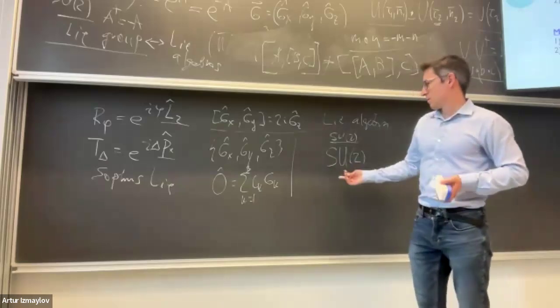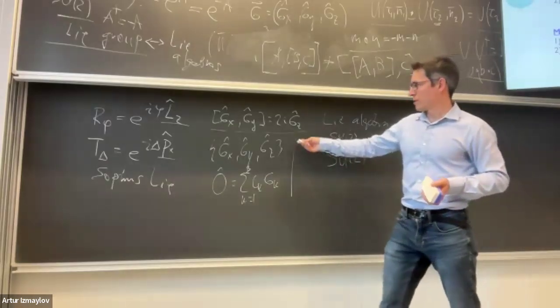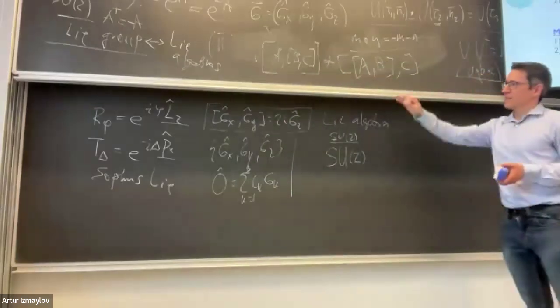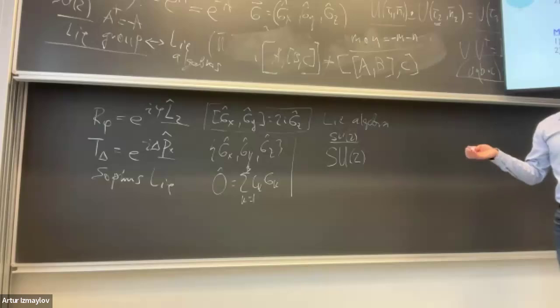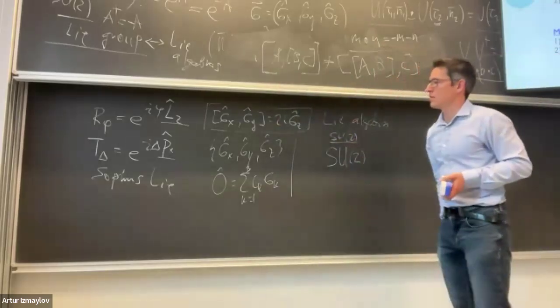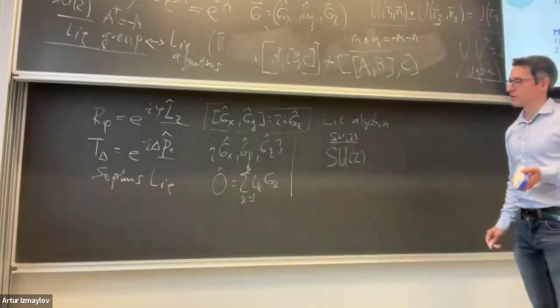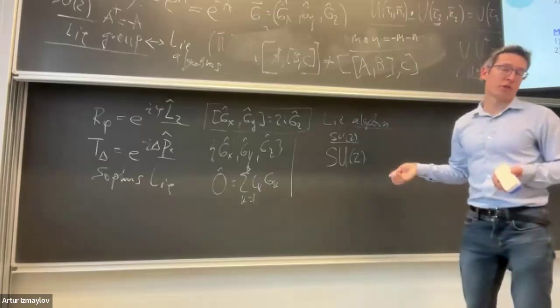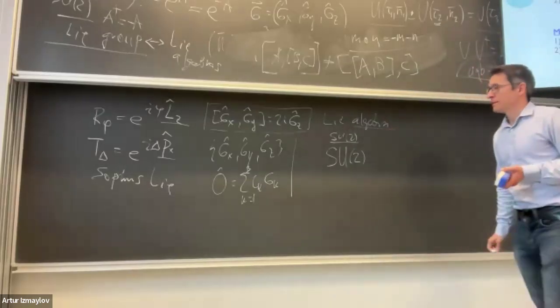Now, what do we have for this multiplication? As I said, it's not associative, meaning that we don't have associativity in this multiplication based on the commutators. But that's okay, because algebras don't generally require associativity of the multiplication.